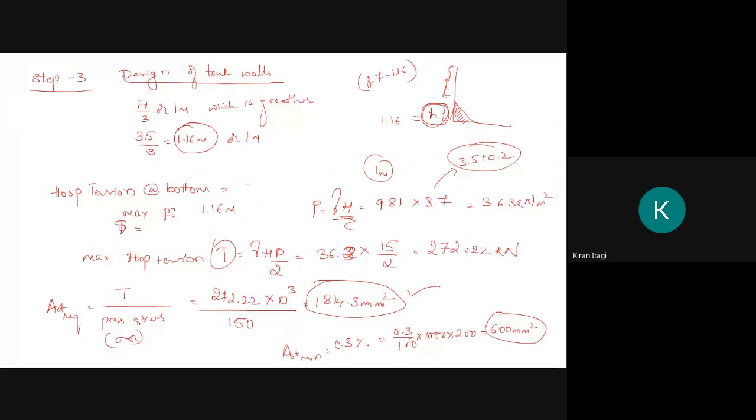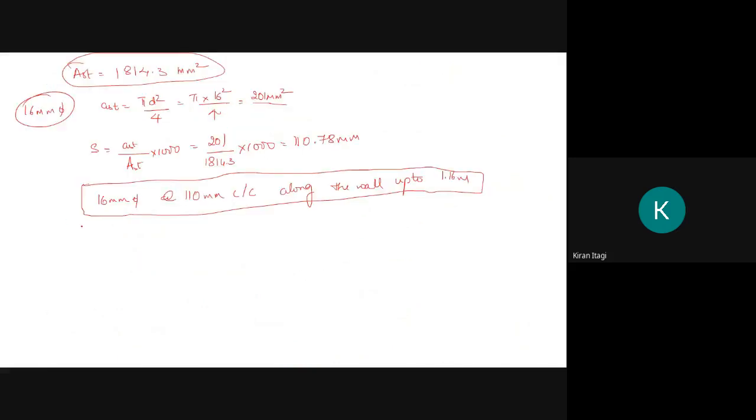See, for this height we have calculated. So for the remaining height we have to calculate, and the procedure will be the same. Okay. Now for the middle portion, again, hoop tension, that is sigma h into d upon 2.